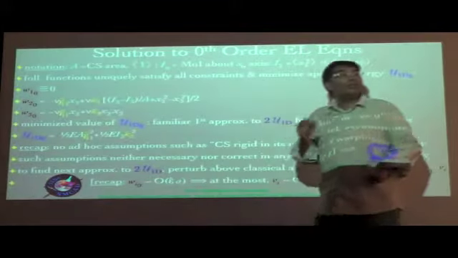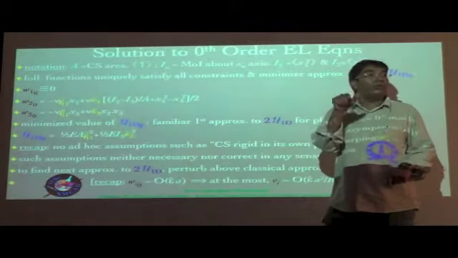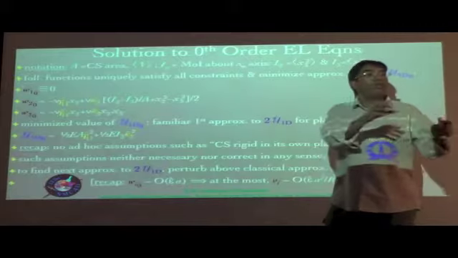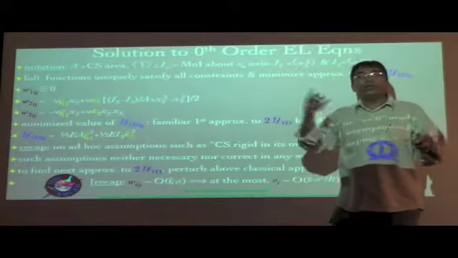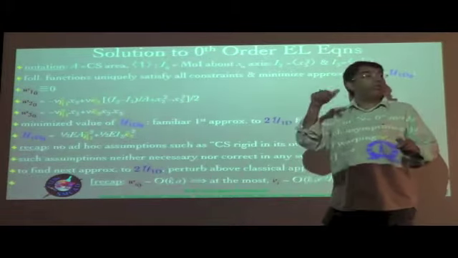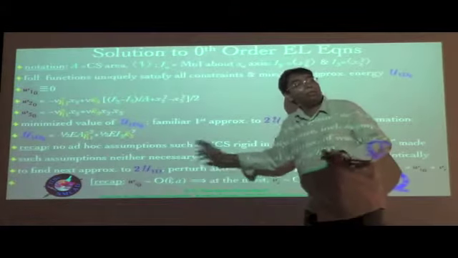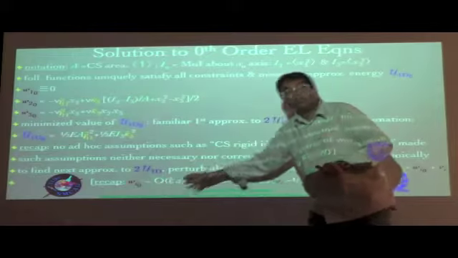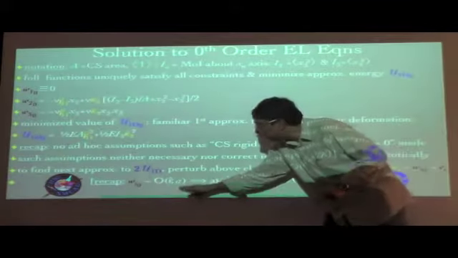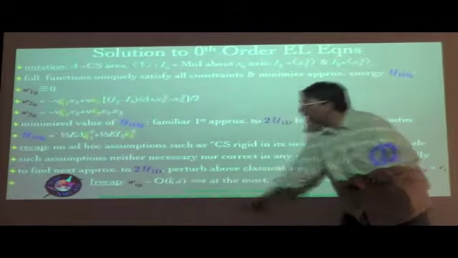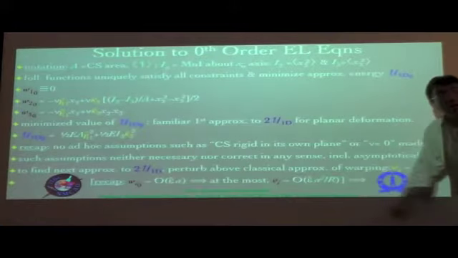Amongst the small parameters, we have two small parameters. One is epsilon hat, which is very small, of order 10 power minus 2. The other one is A by R, which is of the order of 10 power minus 1. So let's say the perturbation is at the most 10 power minus 1 times this. That's why we multiply this by A by R, so it becomes A squared by R multiplied by epsilon hat.